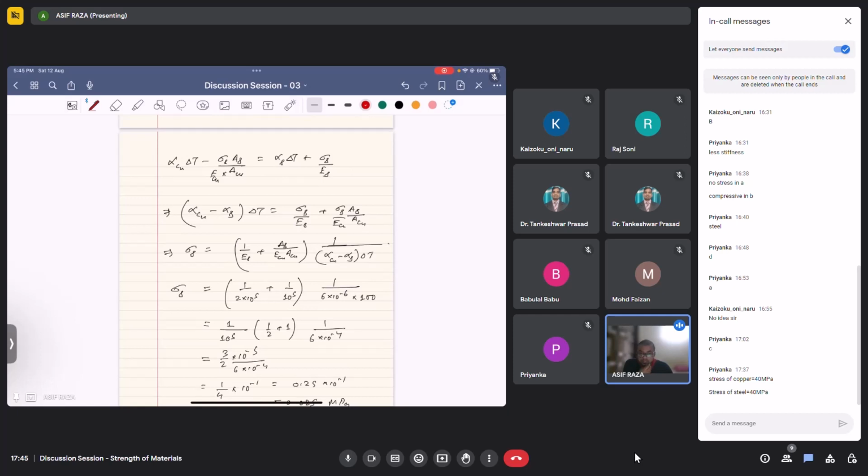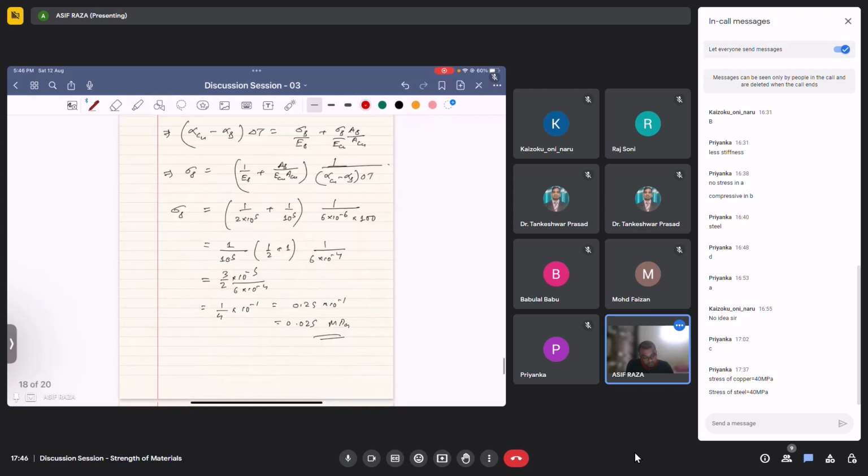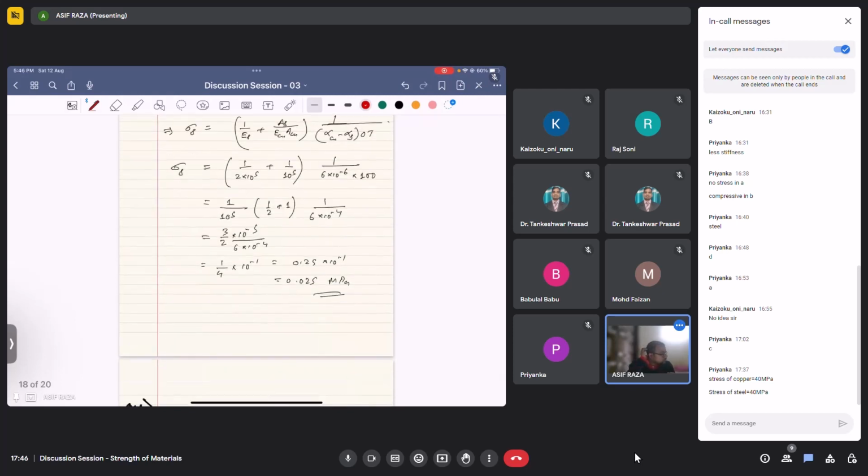Six into 10 to the power minus 4, sigma S, 10 to the power minus 5. So 1 by 2 plus this, 3 by 2, right? 1.5, divided by 6. Yeah, this is only coming. Priyanka is saying the stress of copper and steel both should be 40 MPa.